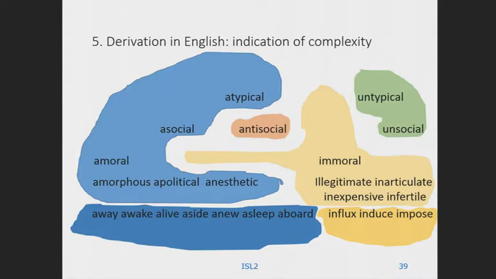What's the difference then between atypical and untypical, asocial, antisocial and unsocial, amoral and immoral? What is the difference there? They're obviously, I mean, we have two words, so chances are they don't have exactly the same meaning, right? We hardly ever have absolute synonyms, so what's the difference then?